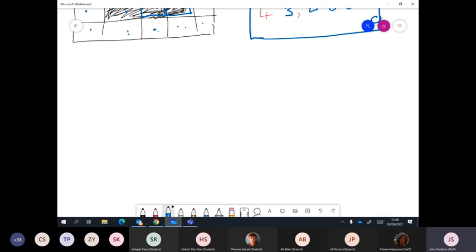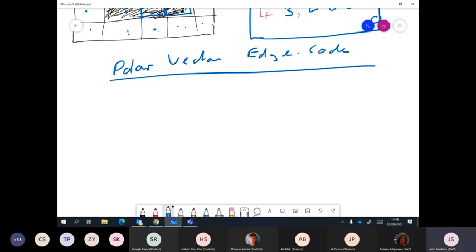Now, another coding. And this is only for rectilinear images. And what do I mean there? Images with straight edges. And so it's really industrial shapes.